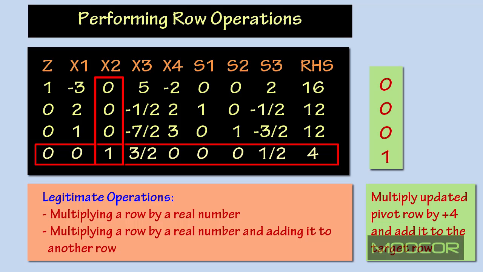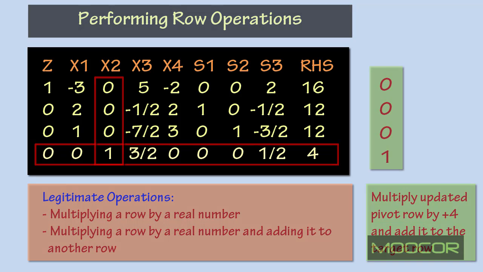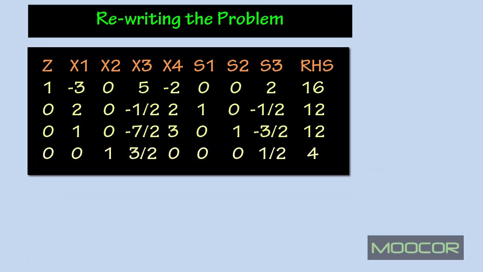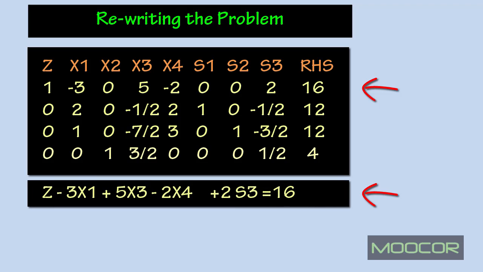Now let's look at this new tableau that we have. Each one of these rows is representing an equation. For example, the first one is 1z minus 3x1 plus 5x3 minus 2x4 plus 2s3 equals 16.